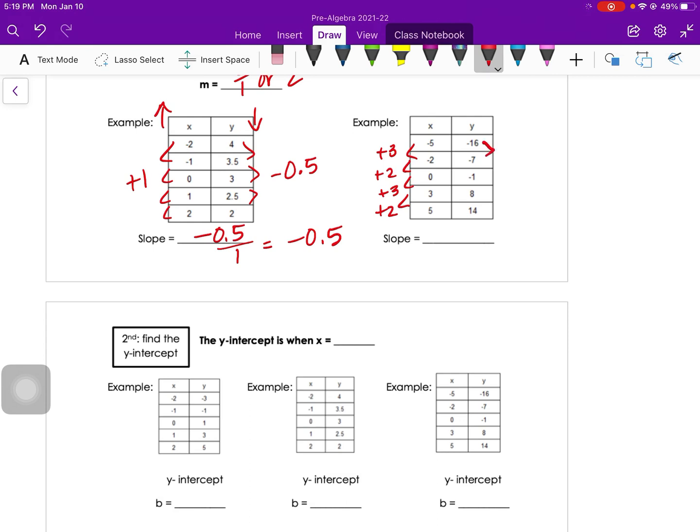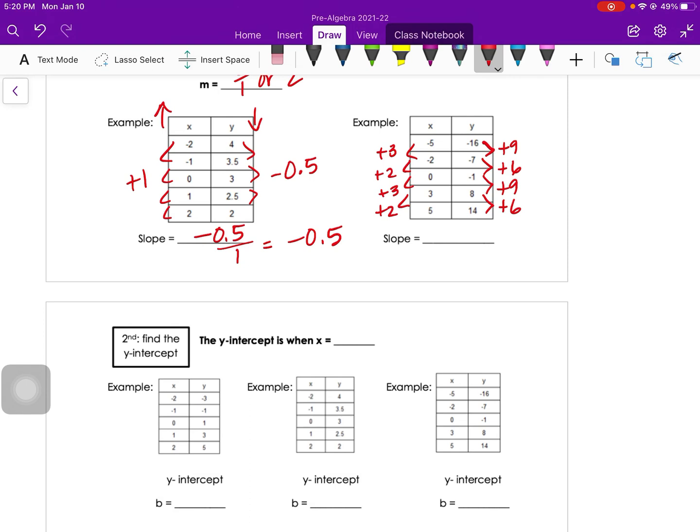So we're going to check the change in y as well. So from negative 16 to negative 7, you add 9. And then negative 7 to negative 1, you add 6. Then add 9. Then add 6 again. So as you can see, we have some different values here. So we want to compare those ratios.